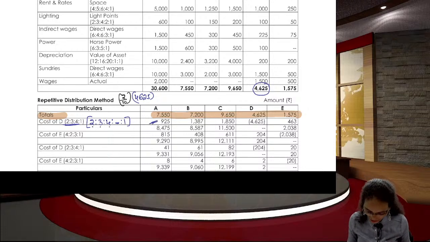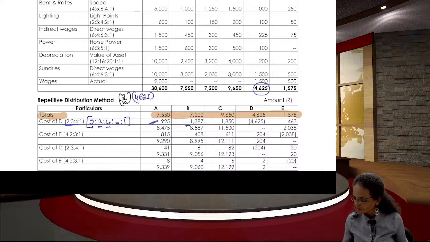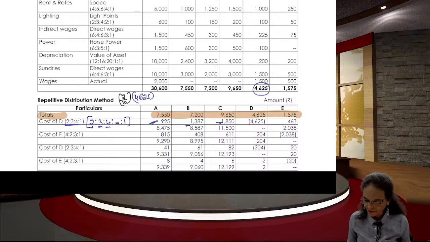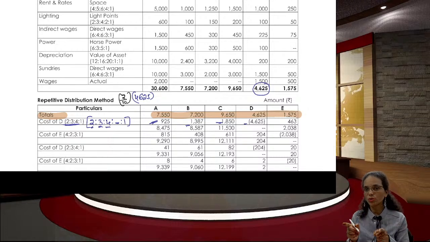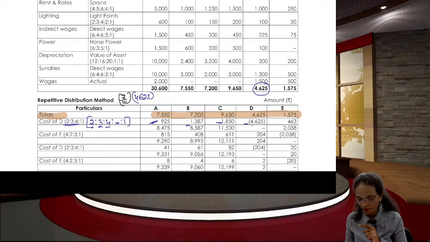Then divided by 2 and multiplied by 3, that is 1,387. Divided by 3 and multiplied by 4, that is 1,850. In the same manner you allocate it. For D, the entire amount should be written in brackets as a minus, because you have already allocated it to the other departments. So this one will become 0.